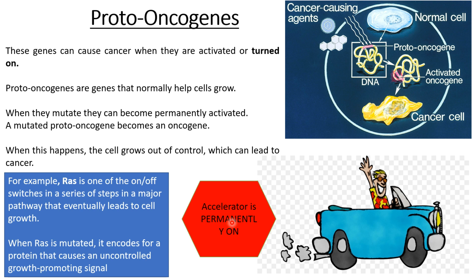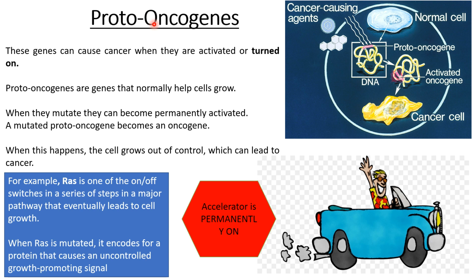So proto-oncogenes, all of us have them. Even if you don't suffer from cancer, every single person has proto-oncogenes. Because when you want to grow your cells, when you want to repair your cells, you will need proto-oncogenes coding for growth factors, and this will cause increased cell division.